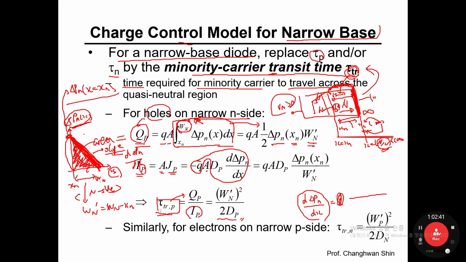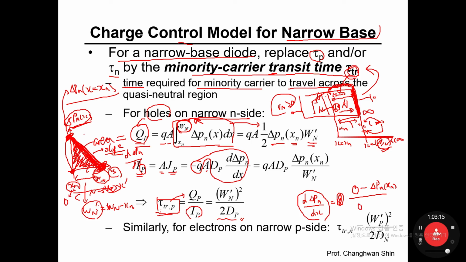The final value of y-axis is 0, right? First value is here. So final value minus first value, delta Pn at x of xn. And the final x value is Wn or Wn prime, and here the first value is xn or 0. So if I'm using the x prime coordinate system, this Wn becomes Wn prime, and this xn becomes 0.